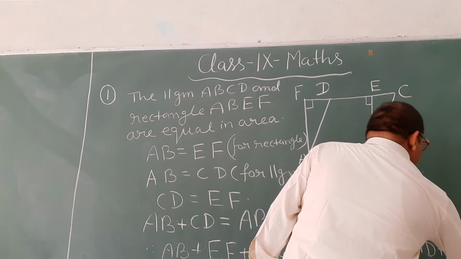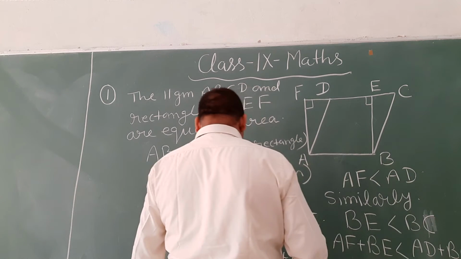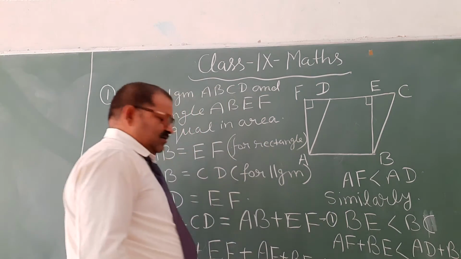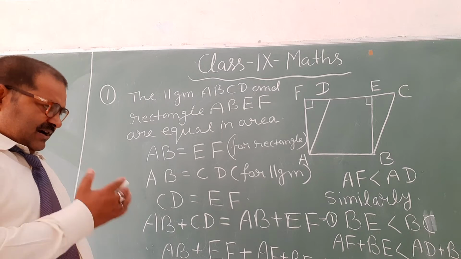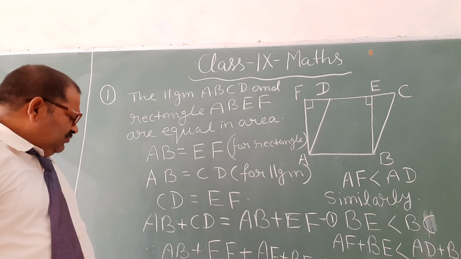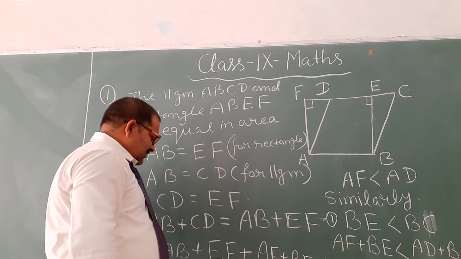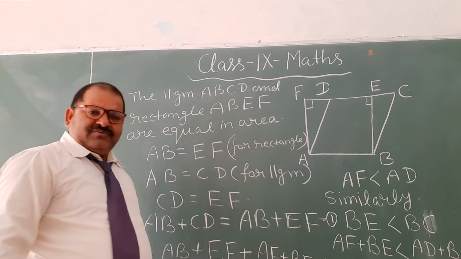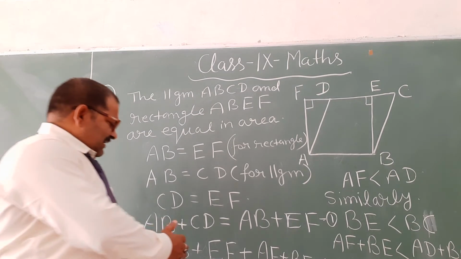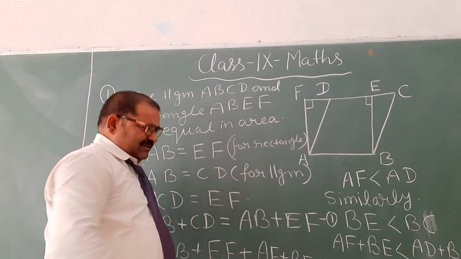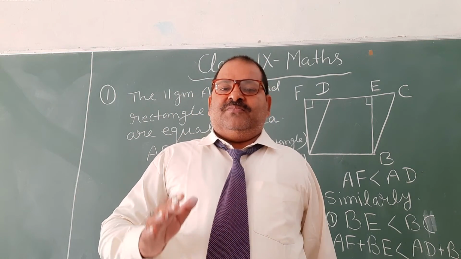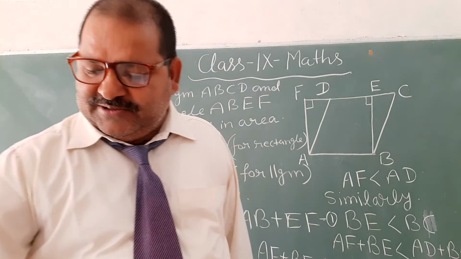Adding condition number 1 and condition number 2, we get that the perimeter of the rectangle is less than the perimeter of the parallelogram. Clear? Next question.